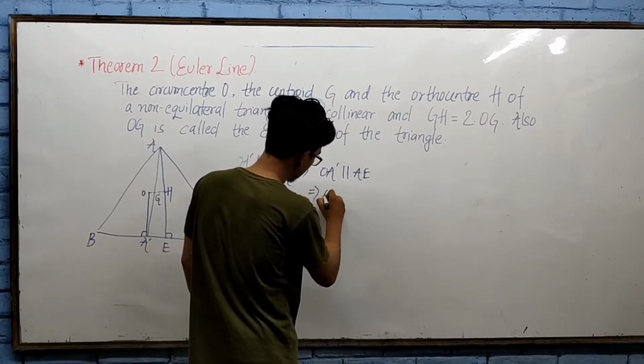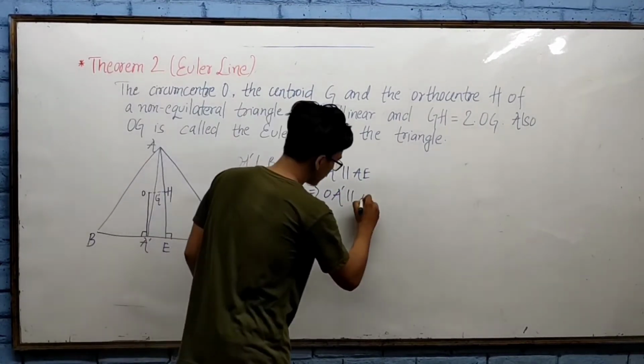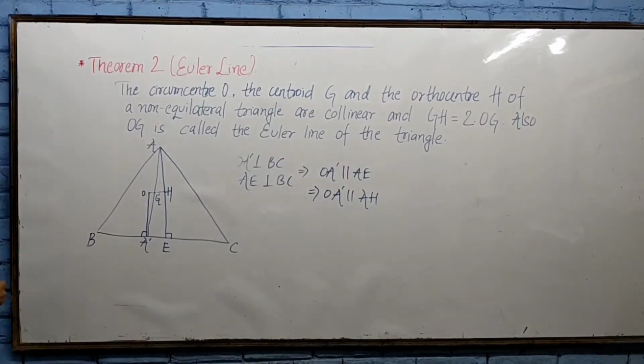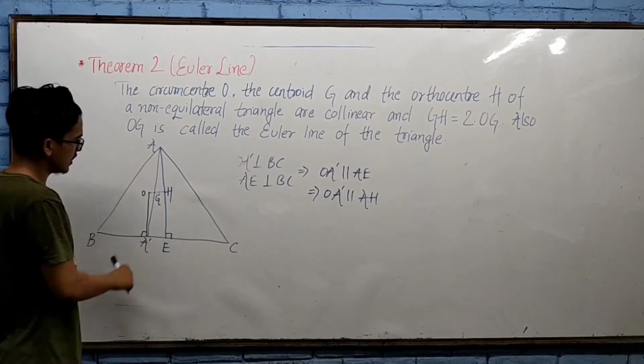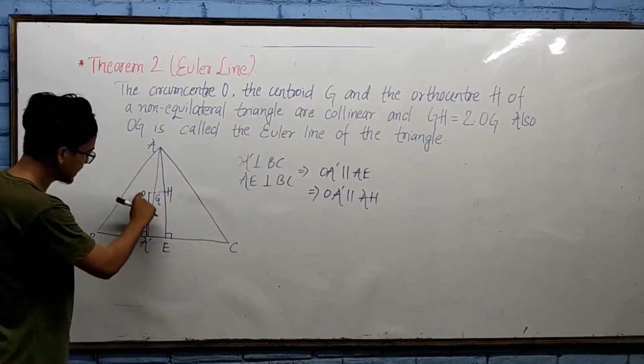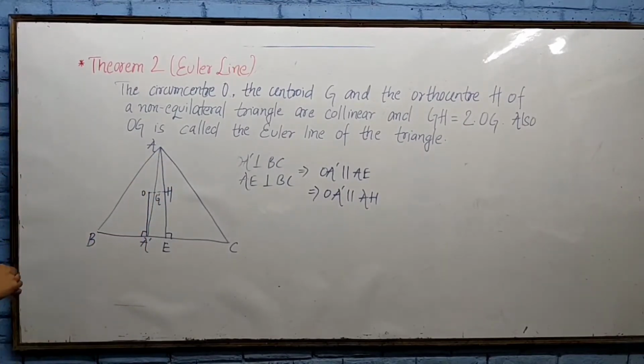We can also write it as OA dash parallel to AH. Now we will try to prove that these two triangles A dash OG dash and G dash AH are similar.